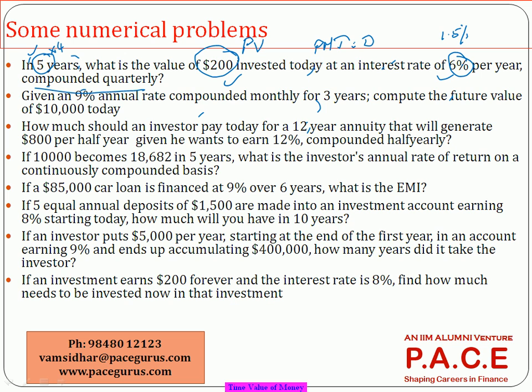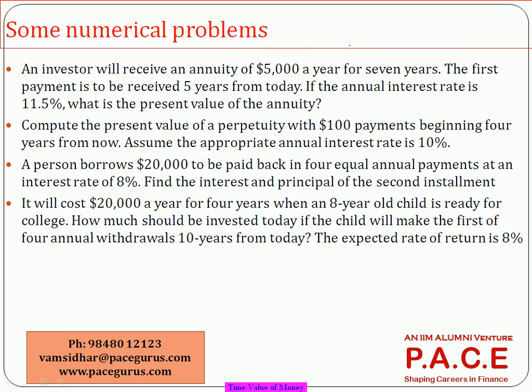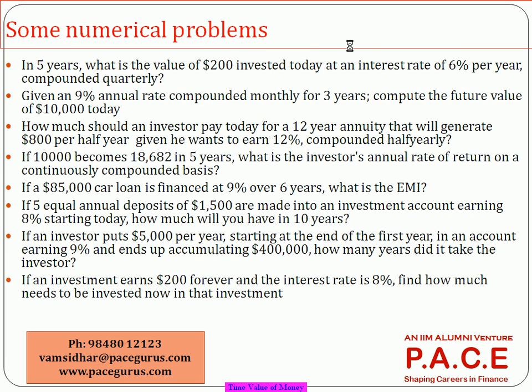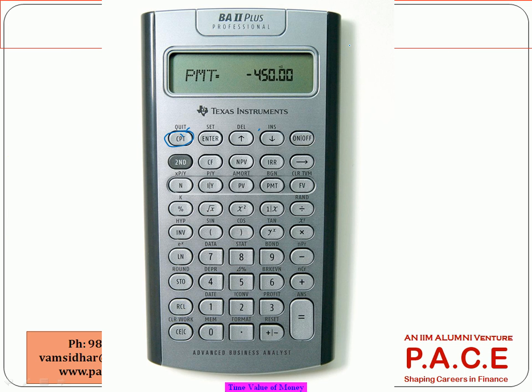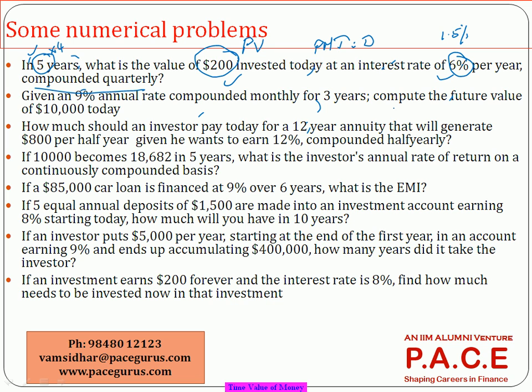So in the calculator, all I have to do is, you click on those 4 numbers. You click 200. And in this one more thing is, if you are paying, if money is going out of your pocket, cash outflow, we will deposit it with a minus sign. Like you are depositing $200 today.